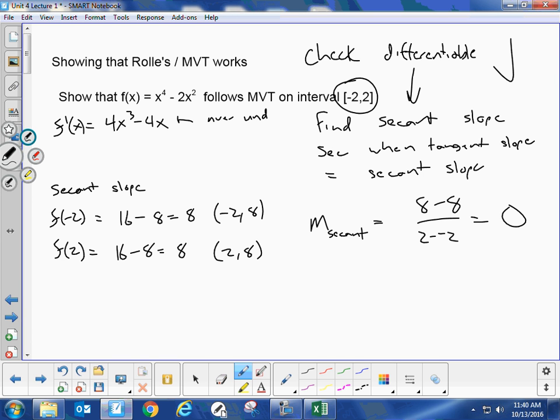Well, I need to figure out when my tangent slope equals the secant slope. I will set f prime equal to that value. And I will solve.